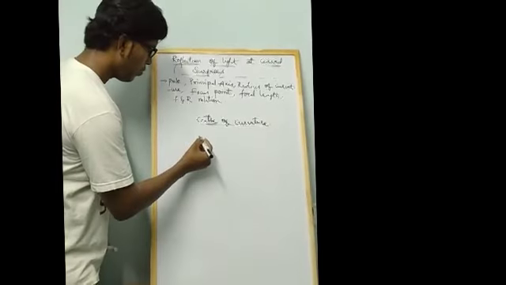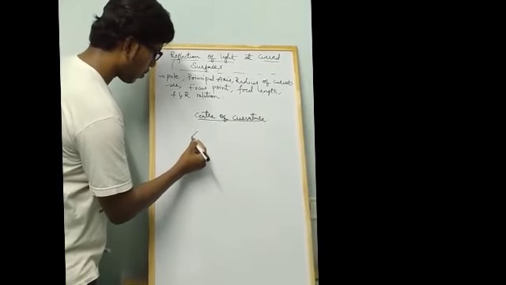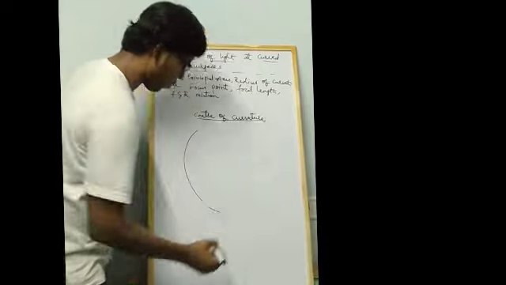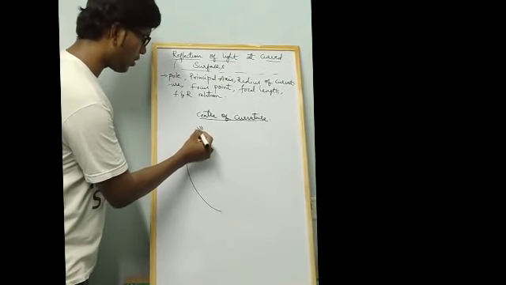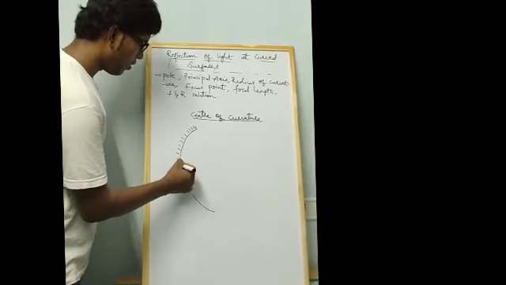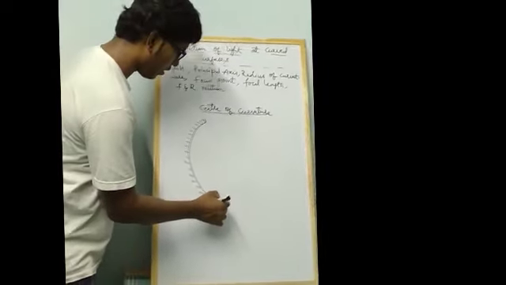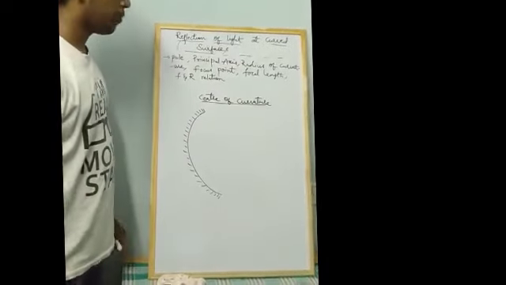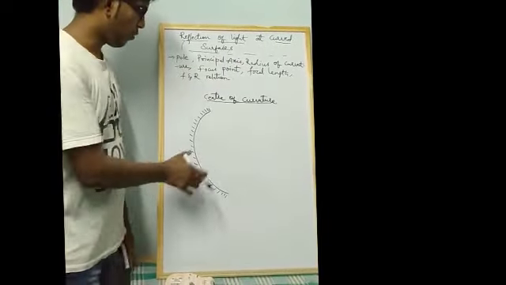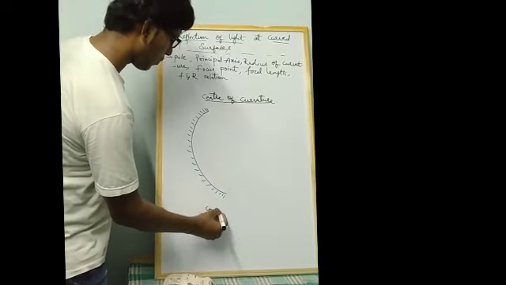Before that, we will see what a concave mirror is. Here I will consider a concave mirror. We know that a mirror which is polished on the outer side, with the reflecting part inside, is called a concave mirror.